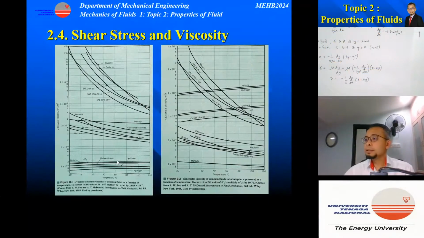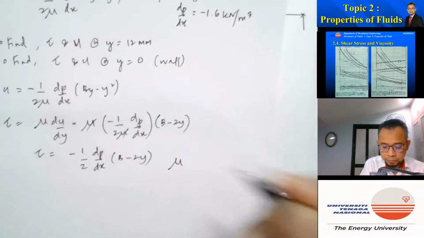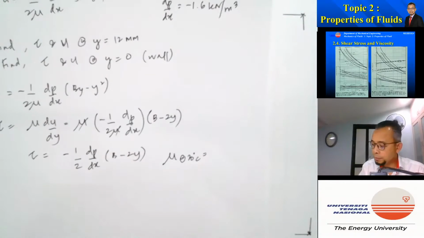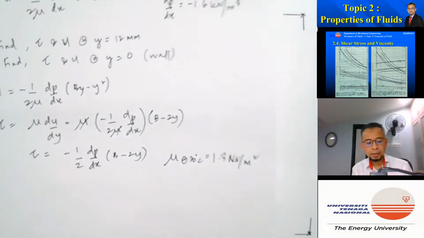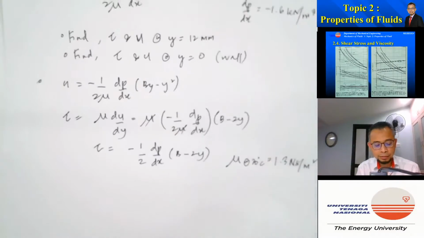If you look at the chart for glycerin at 20 degrees C, the value is about 1.3 Newton second per meter squared. So mu from the chart for glycerin at 20 degrees C is equal to 1.3 Newton second per meter squared.